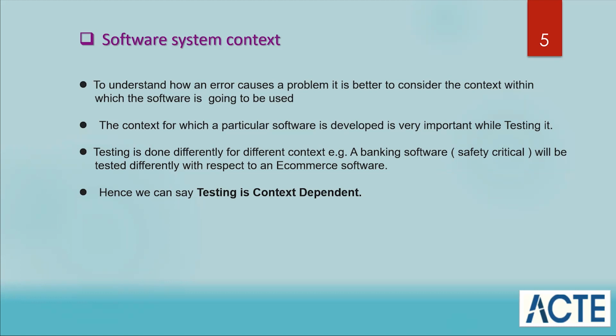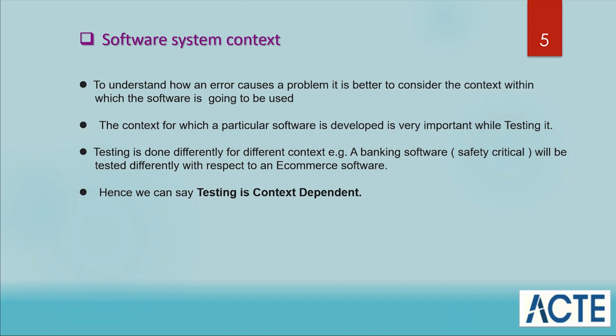The context for which a particular software is developed is very important while testing it. Testing is done differently for different contexts. For example, banking software is safety critical, which means there should not be any financial loss, data breach or any kind of privacy loss. So banking software will be tested accordingly, considering all the safety and security parameters.